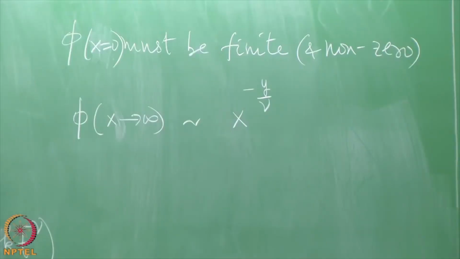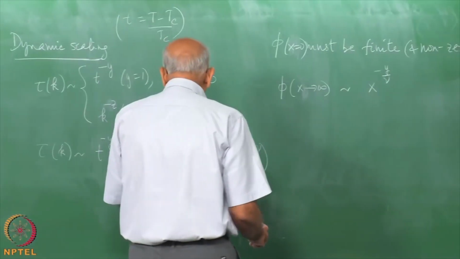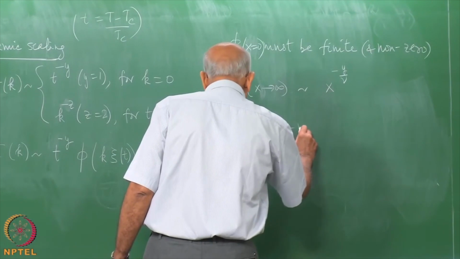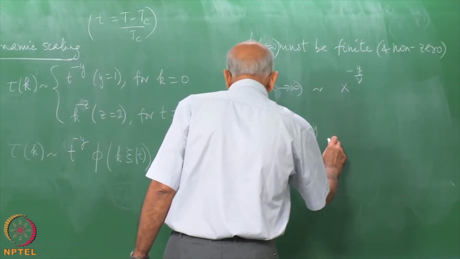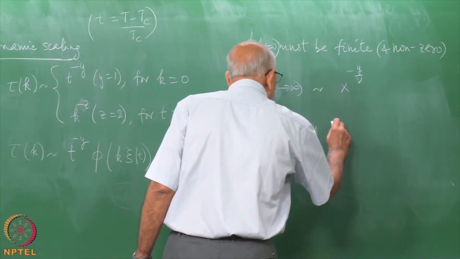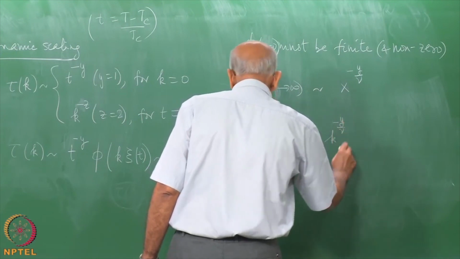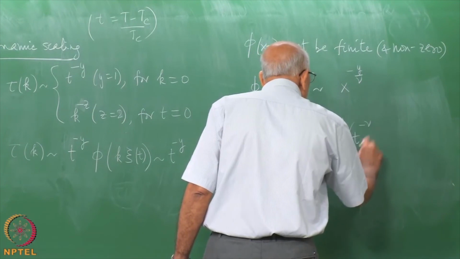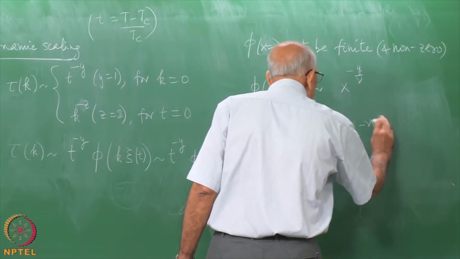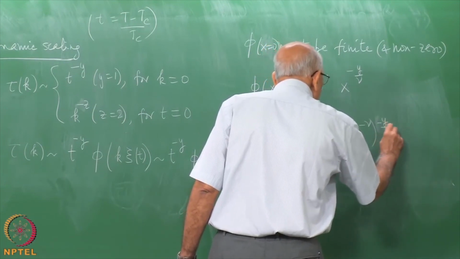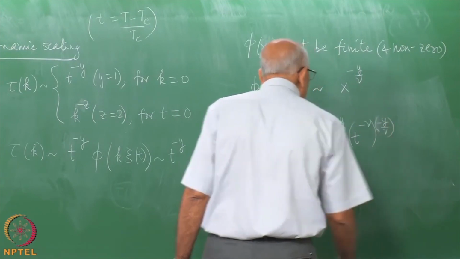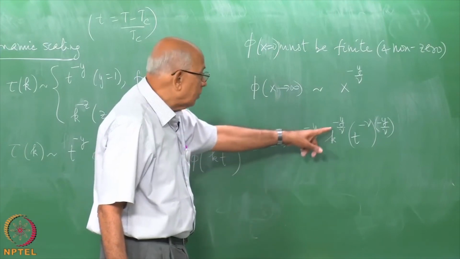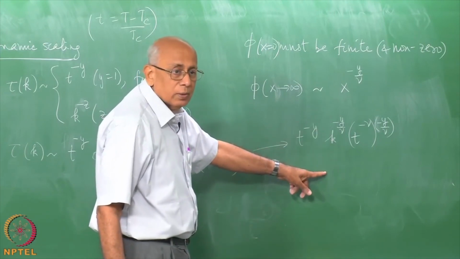Right, because then this term will go like t to the power minus y, k to the power minus y over nu, t to the power minus nu to the power minus y over nu, which will give me a t to the y which cancels this and gives me a 1 over k to the y over nu.